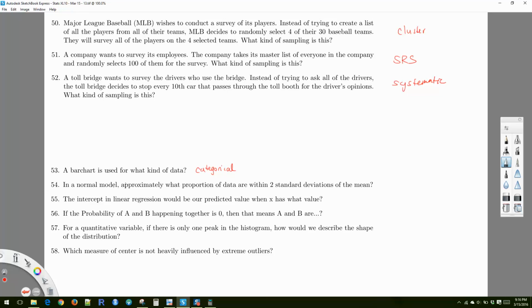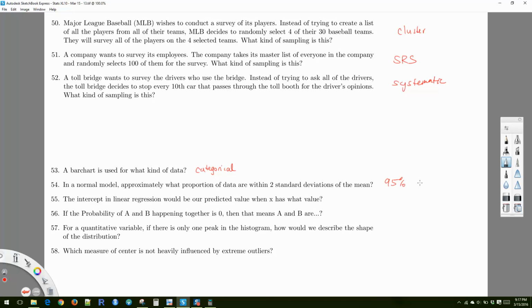Okay, in a normal model, approximately what proportion of data are within 2 standard deviations of the mean? 95%. And we remember the rest of our empirical rule. 1 standard deviation goes to what? 68. 2 for 95. And 3 standard deviations? 99.